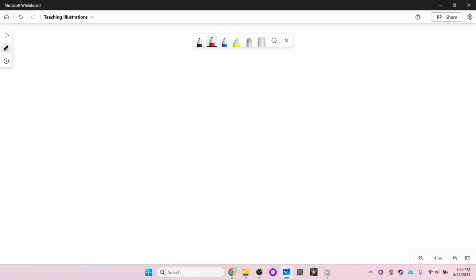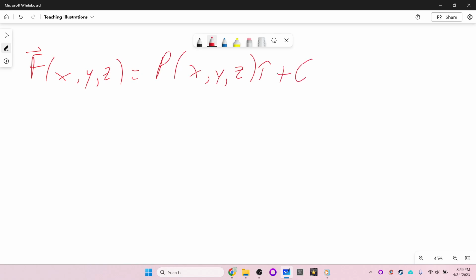Well, f, we're going to say f is a function of x, y, and z, and we will write it as p of x, y, z i hat plus q of x, y, z j hat plus r of x, y, z k hat. So f will take R3 to R3: 3-dimensional input, 3-dimensional output.